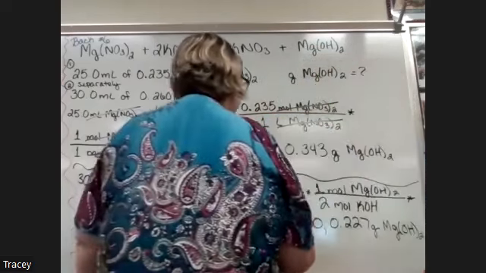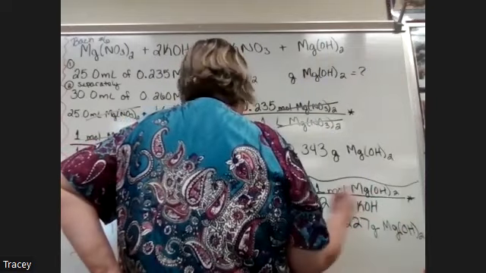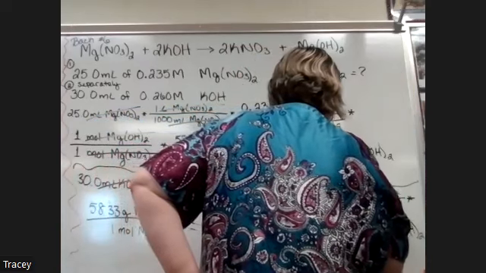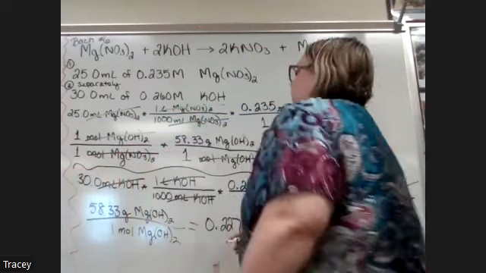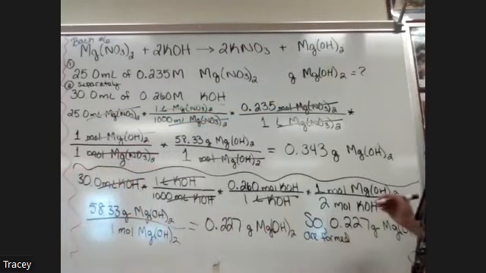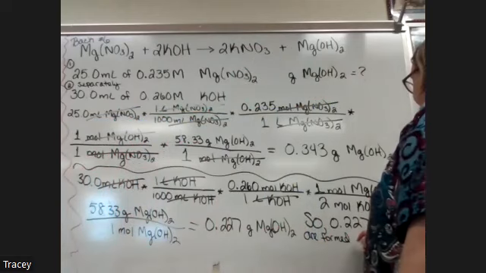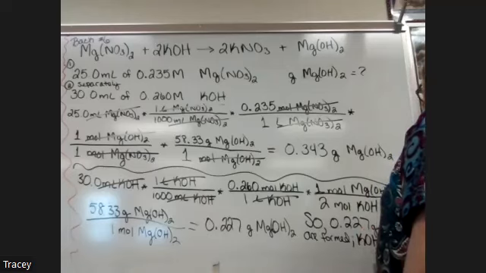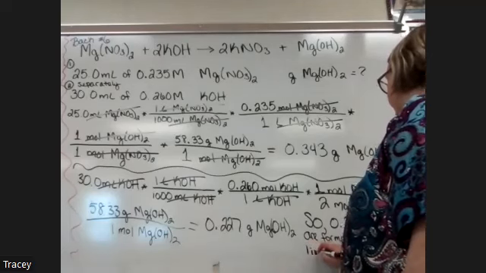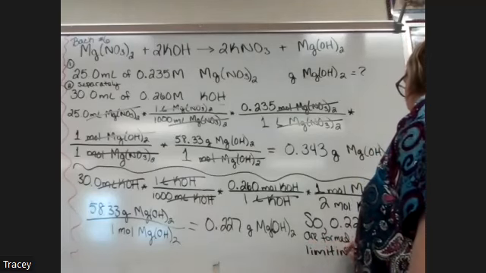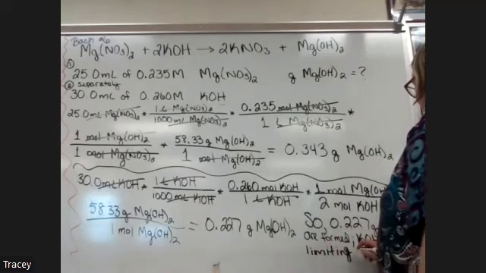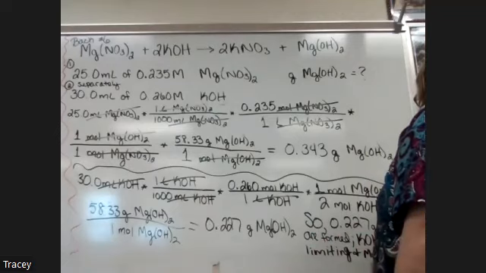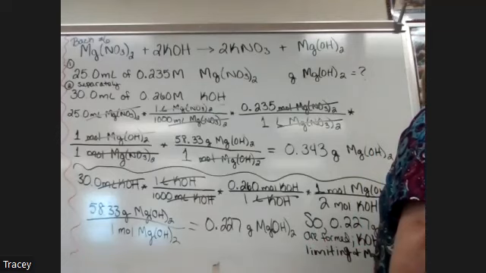We could go on and say, so 0.227 grams Mg(OH)2 are formed. Whatever reactant gave us the lowest amount is the limiting reactant. So the KOH gave us the lowest amount, so KOH is limiting. And the Mg(NO3)2 is excess.